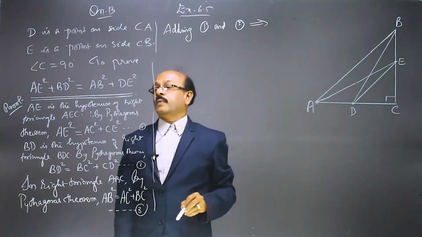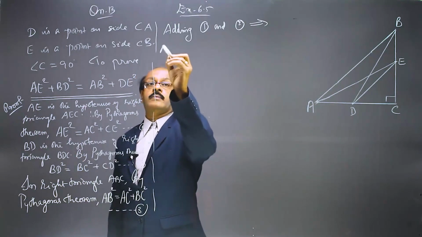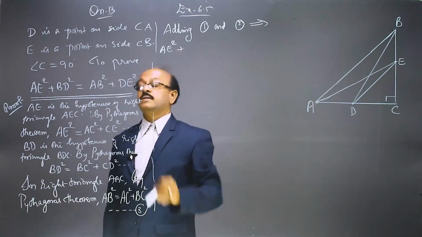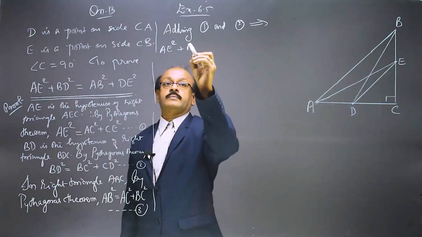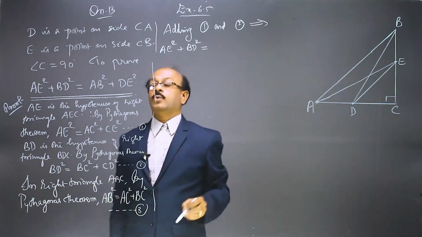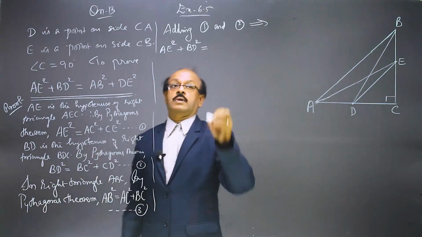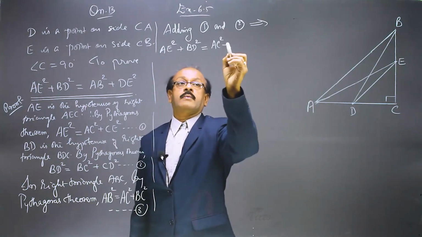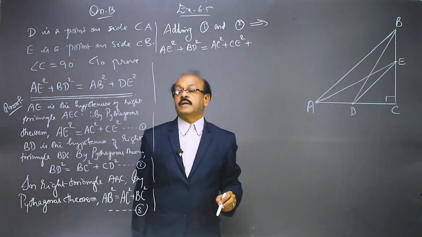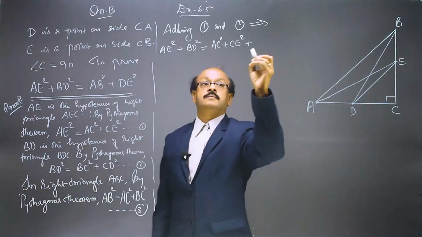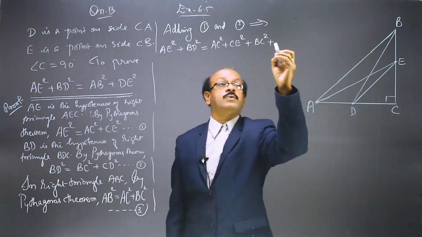We are getting left side of equation number 1, AE square, plus left side of equation number 2, BD square, is equal to right side of equation number 1, AC square plus CE square, plus BC square plus CD square.